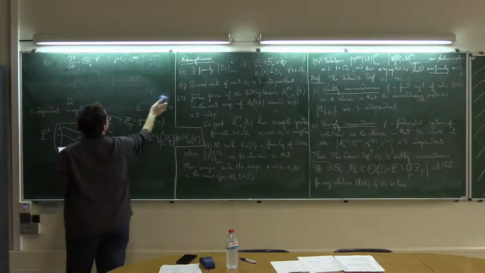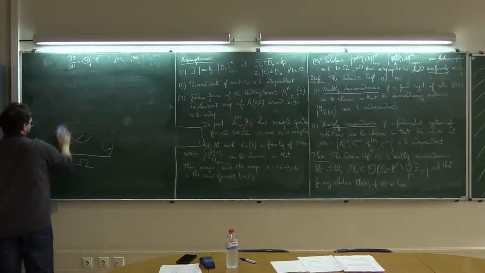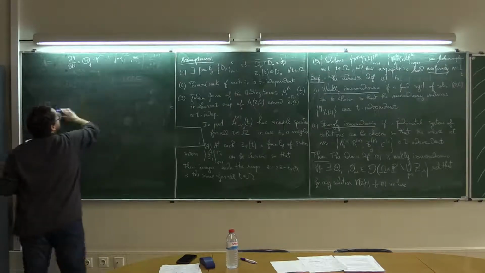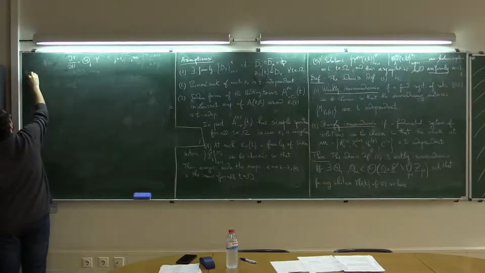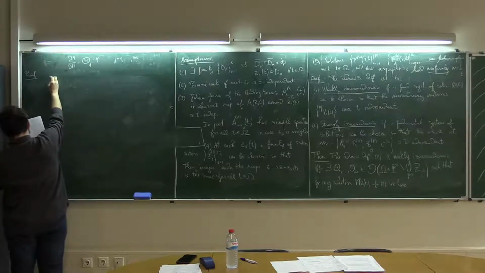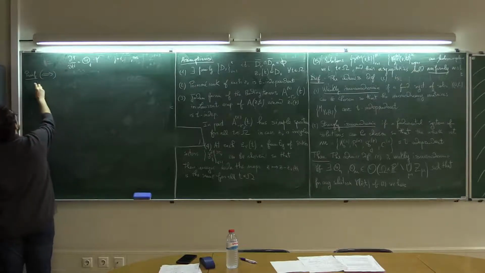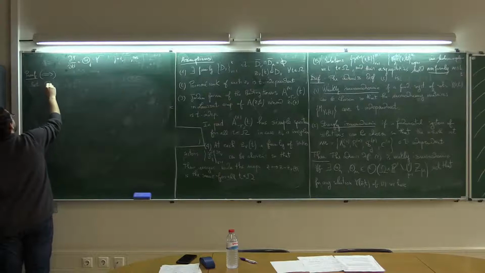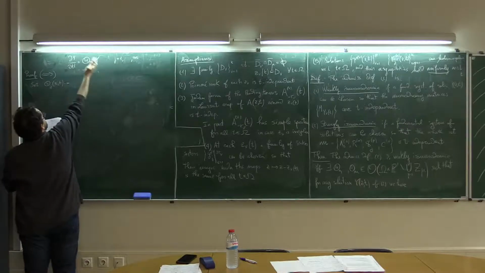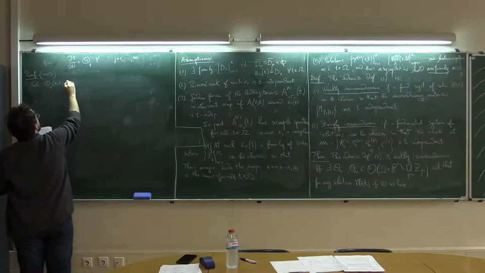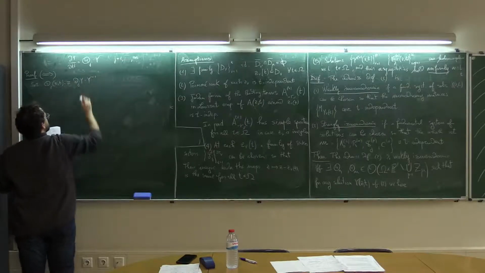How to see this? Well, proof. So in one direction, just set the function theta j (z,t) to be defined, transform this relation into a definition, to be defined by this identity.